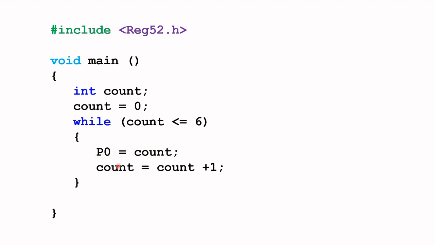Having done that, we increment the value of count by 1 by executing this statement, count equals count plus 1. That will add 1 to the previous value. And when this condition is false, it will exit. So let's take a look at the demonstration.